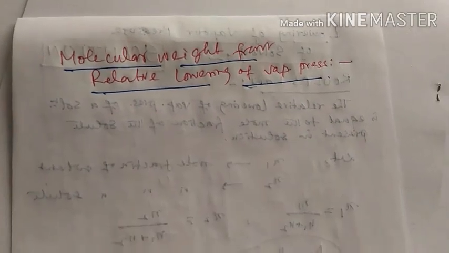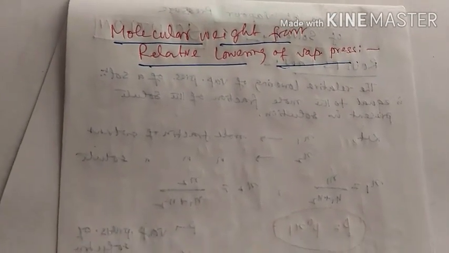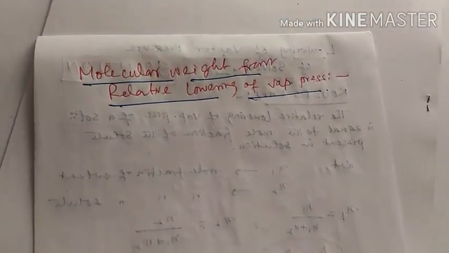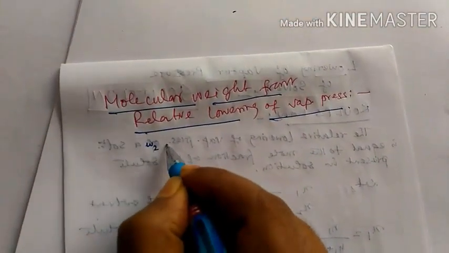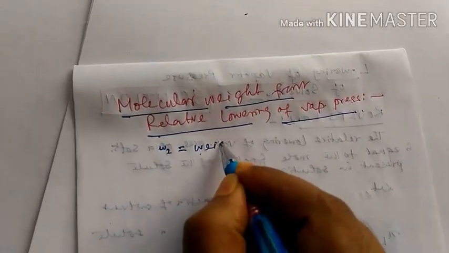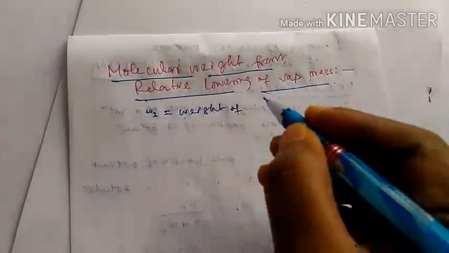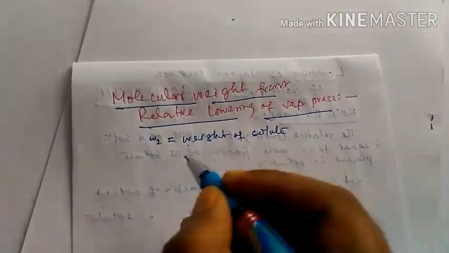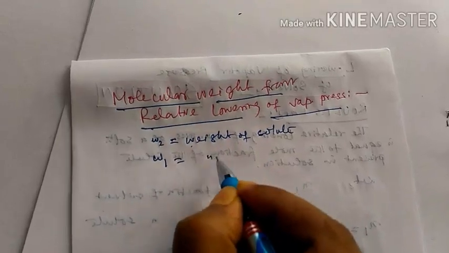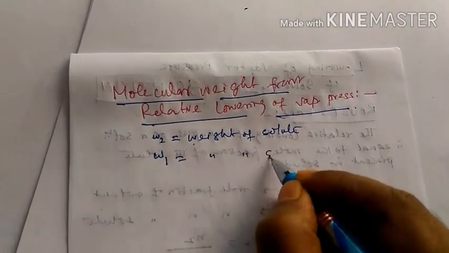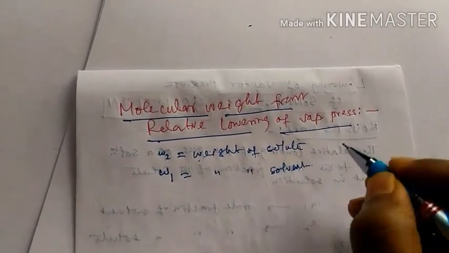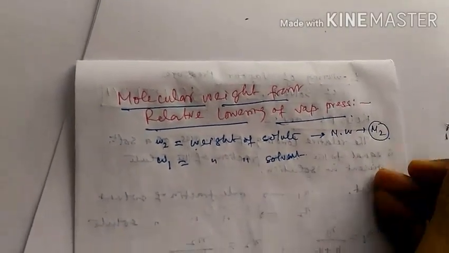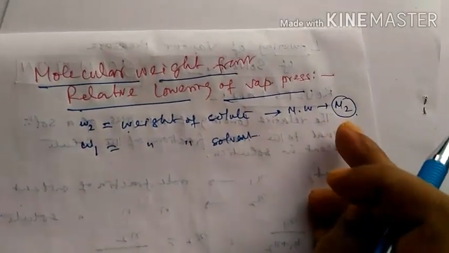Suppose for a substance, W2 is the weight of solute and W1 is the weight of solvent, and the molecular weight of the solute is M2.